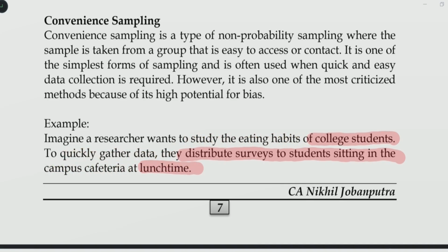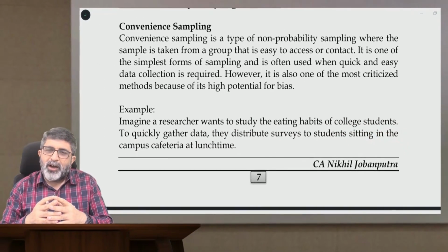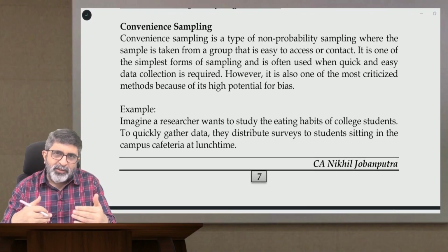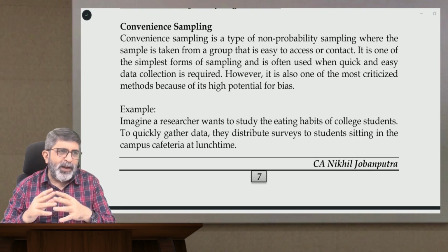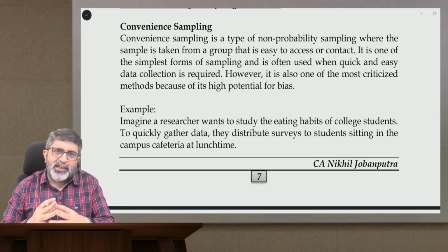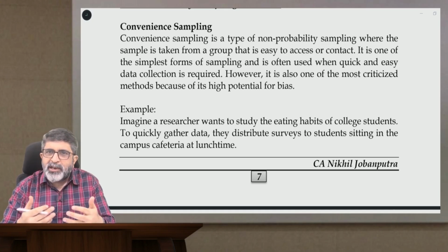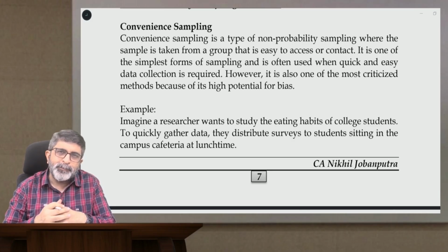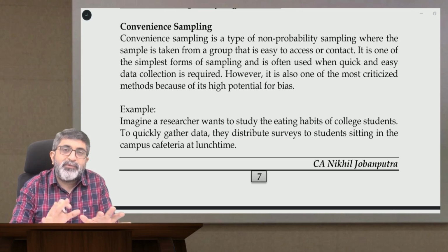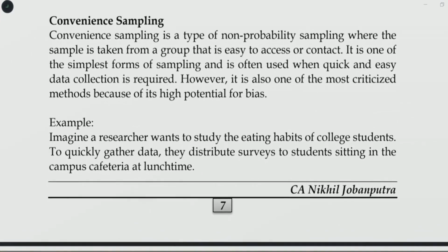If you look into that, they are approaching the campus cafeteria during lunchtime, and people who are having their lunch will be available over there, and it will be convenient to ask their opinions and feedback. So if you have this kind of approach, you are looking for convenience in sampling. That is why it comes under convenience sampling.